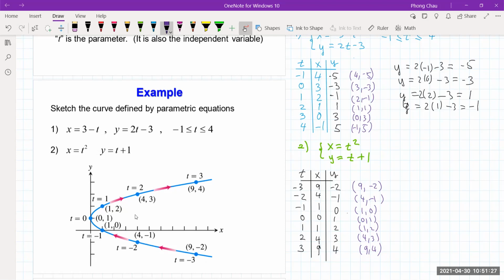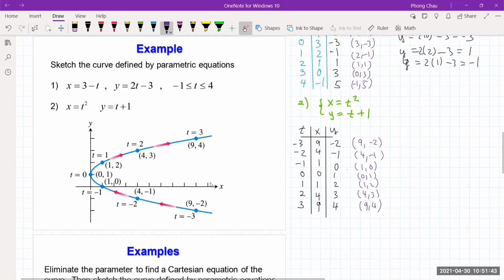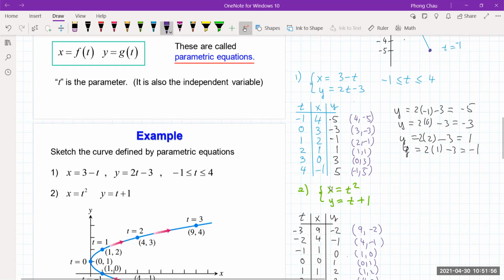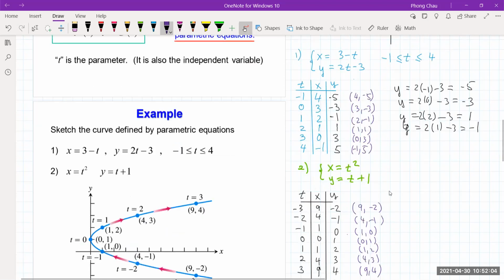Okay, so when you plot the graph of the parametric equation, be sure to draw an arrow to indicate the motion, which way it's going. Now, one thing you can see is, since we are unfamiliar with parametric equations, by looking at these two sets, you have no way to know what the graph would look like, right?